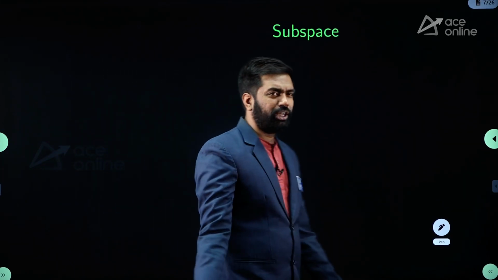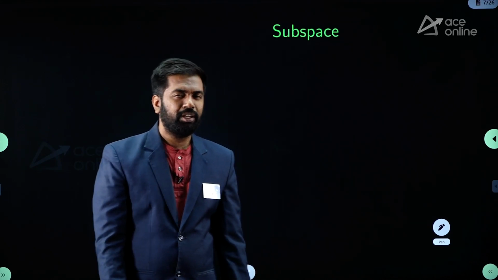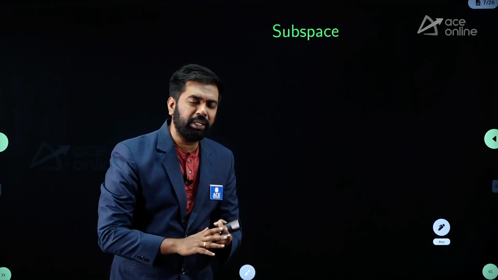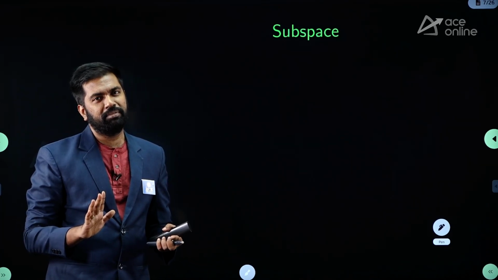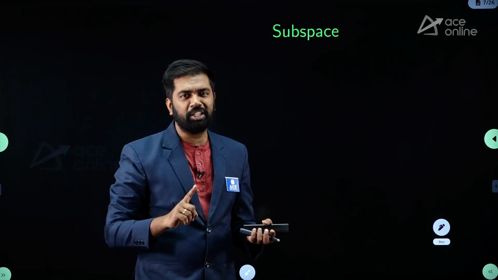Before I show you the definition, let me tell you the definition. How simple is this definition? A subspace is basically a subset of a vector space which satisfies all the properties of a vector space. You already know the conditions for a vector space.